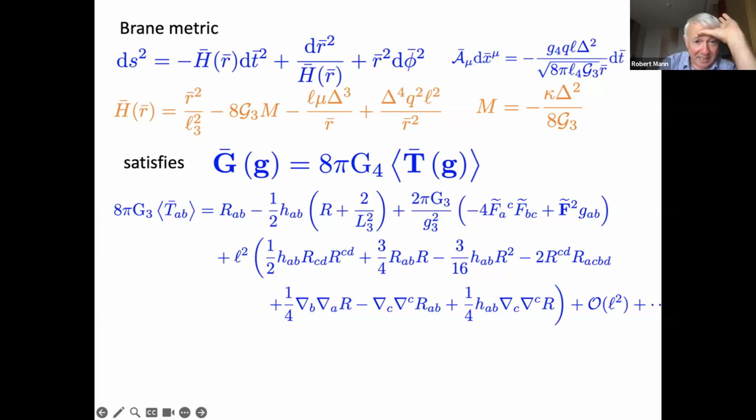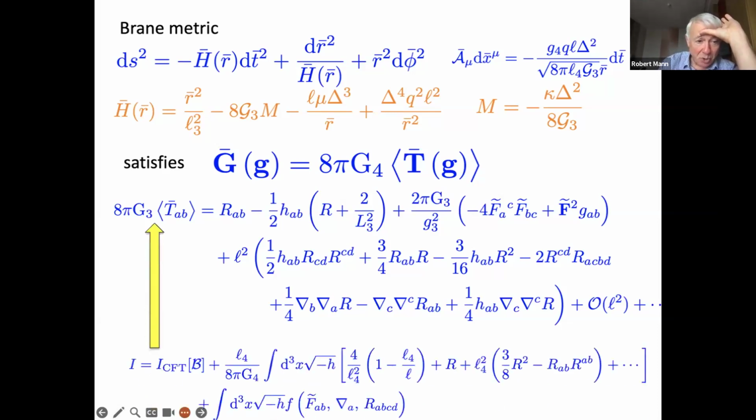So this stress energy is induced by an effective action that is the action of the CFT on the boundary plus these other terms that are the cosmological constant term, the Ricci scalar also on the brane. So these are brane terms.